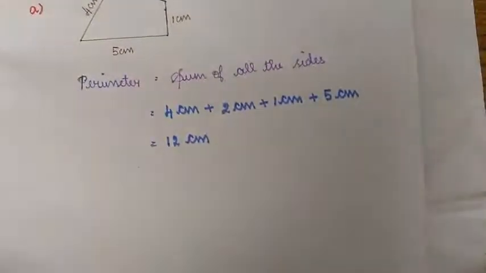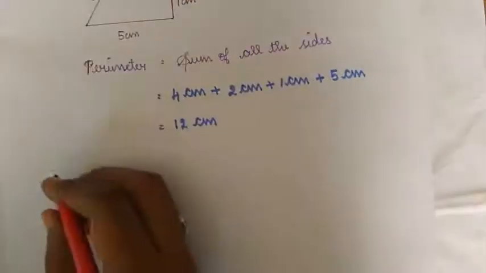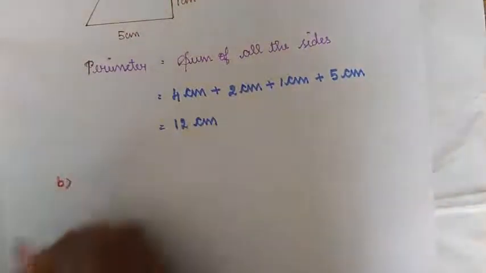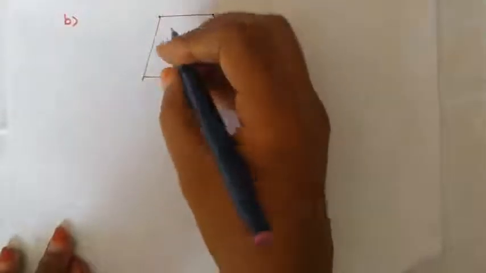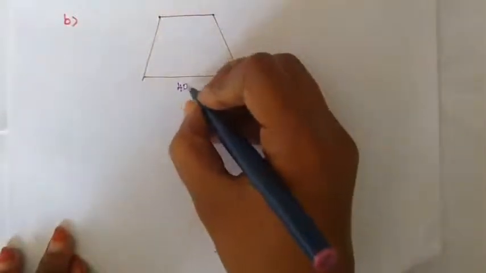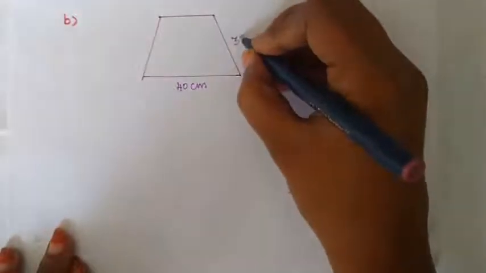Next we have to see the subdivision B. This one is subdivision B. This is 40 centimeter base. Here 35 centimeter.